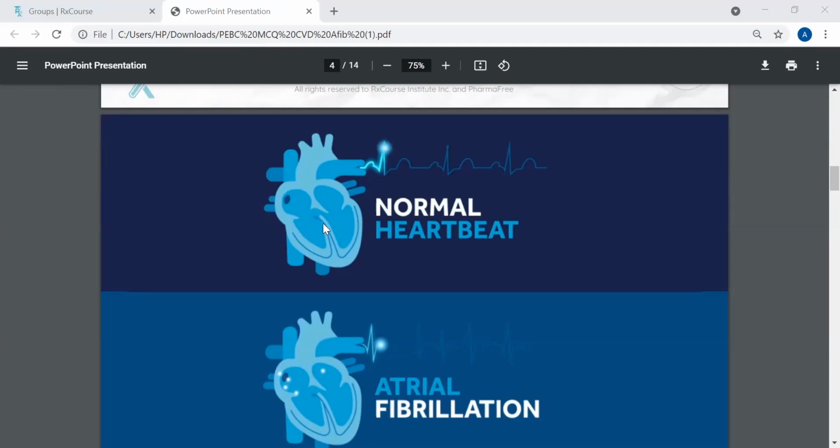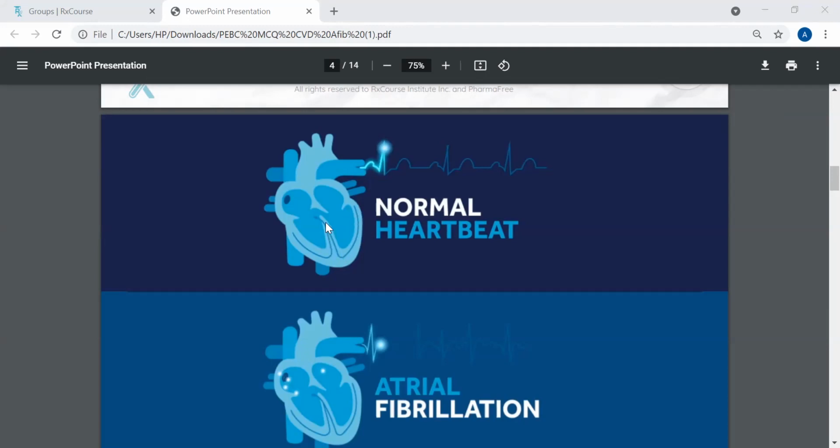It can generate pulses. However, due to many conditions, some other parts, like the Purkinje fibers here, might take the upper hand and start to give signals. So you can imagine now the heart has two generators. One is the SA node and the other is some point here on the Purkinje fibers. So this gives signals, this also gives signals, so the heart will pump irregularly, and a lot of issues will happen.